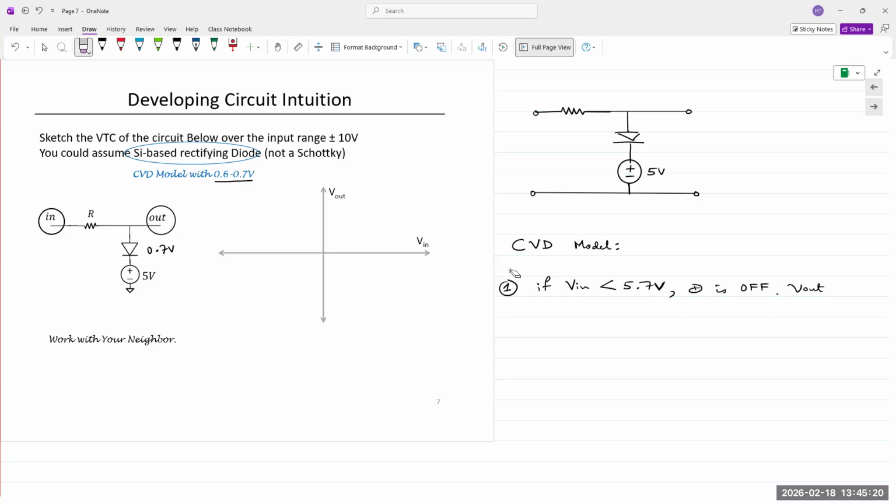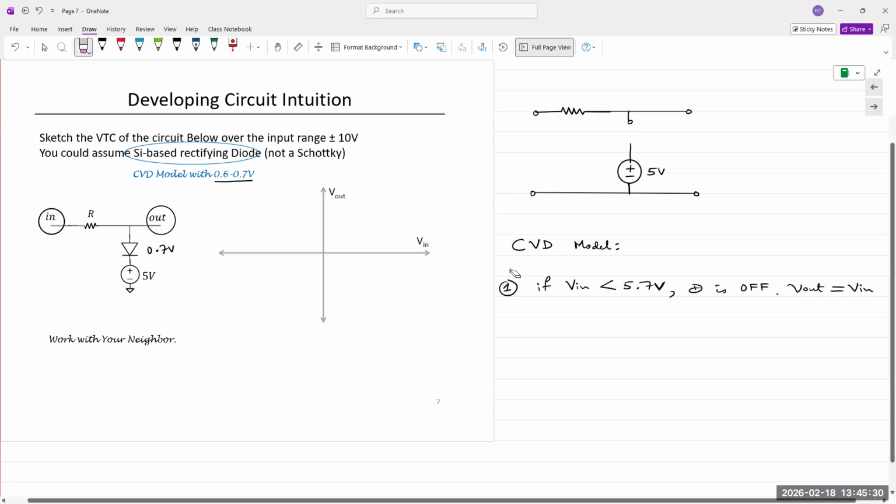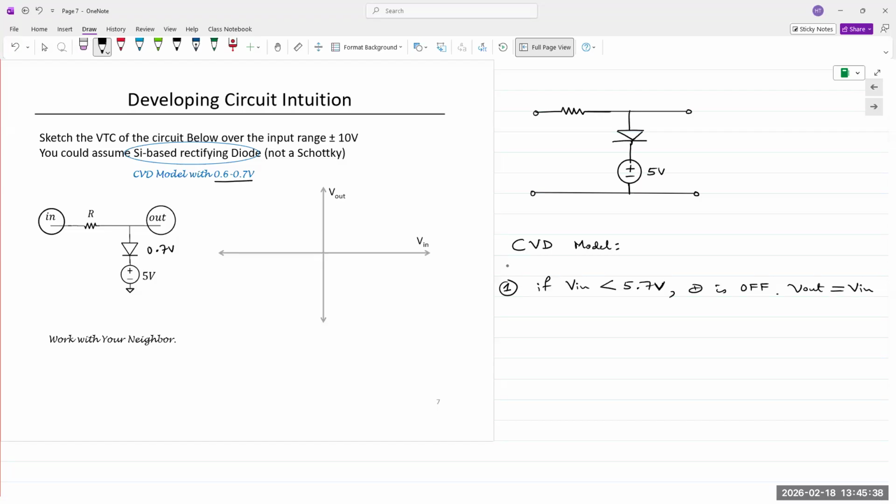If the diode is off, it is replaced with an open circuit. If it's open, then V out is equal to V in. Let's take a pause. Let me know if you have any questions.